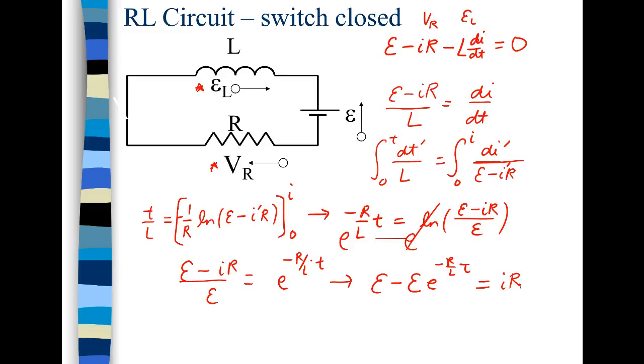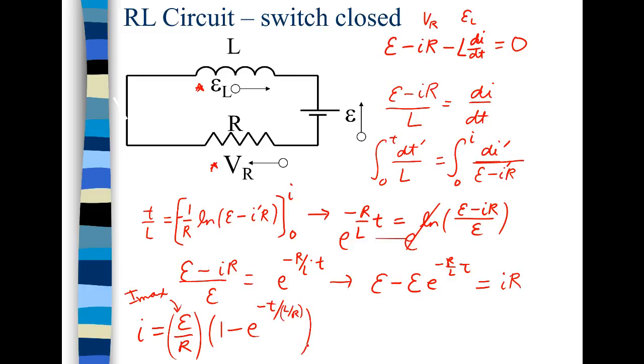And then we can solve this for I by dividing by R. So we can get that I is equal to E over R, which you might recognize as I max, times the value 1 minus e to the minus t over L over R.